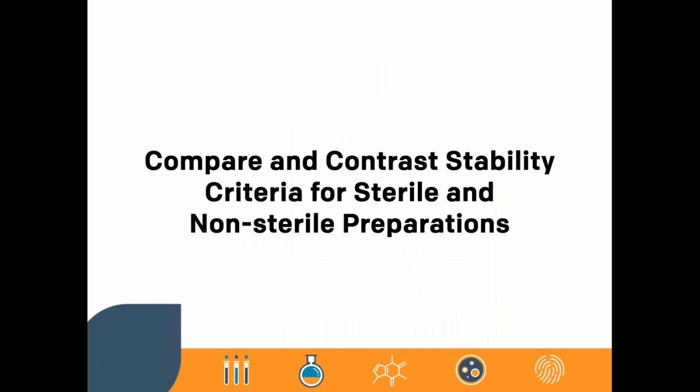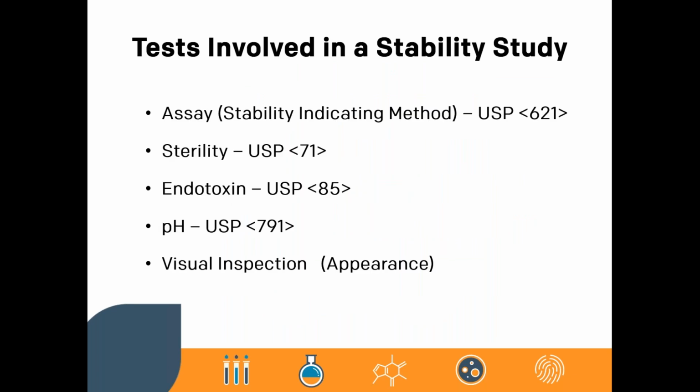So let's compare and contrast the stability criteria for sterile and non-sterile preparations. Some tests that may be involved in stability studies would be the assay, and that's really taken from the Chromatography Chapter 621. It's imperative to use a stability indicating method when conducting a stability study.